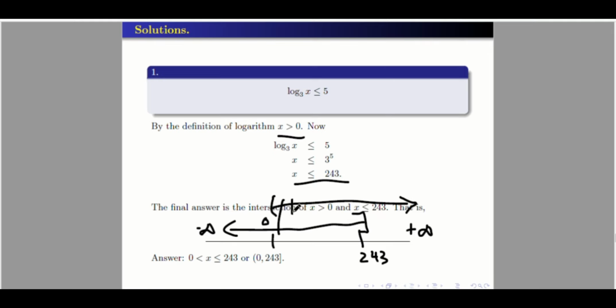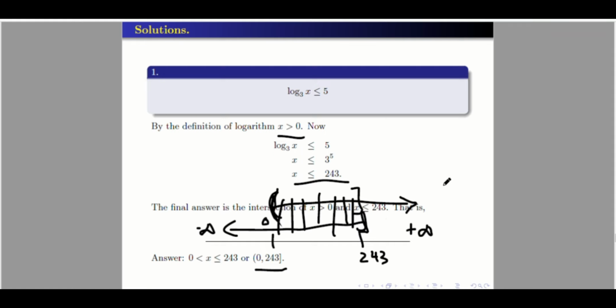So all we need to do is find the intersection. Therefore, our answer is from 0, parenthesis, to 243, bracket. We read this as x greater than 0 but less than or equal to 243. Or you can write it this way in interval form.